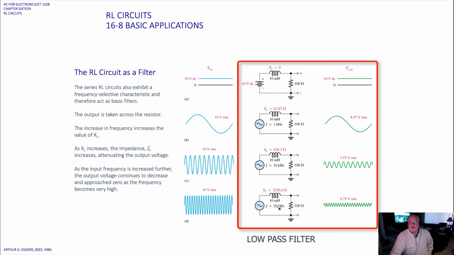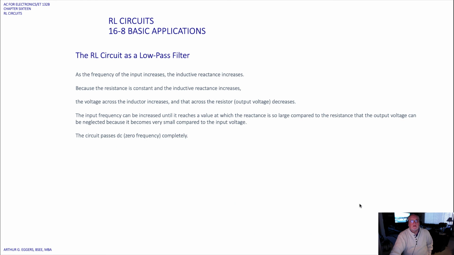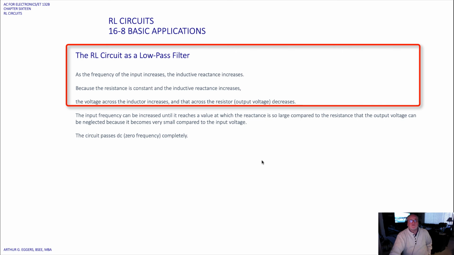So as the frequency increases, the RMS output decreases. As the frequency of the input increases, the inductive reactance increases. Because the resistance is constant and the inductive reactance increases, the voltage across the inductor increases, and that across the resistor decreases.